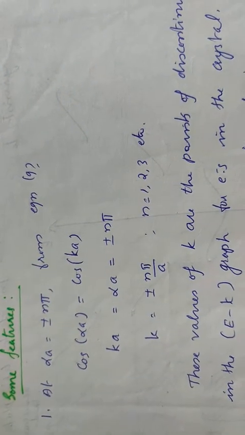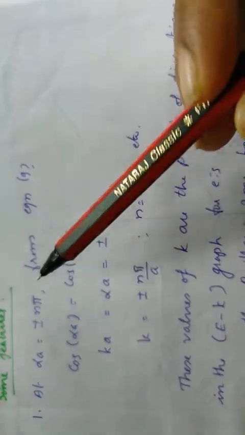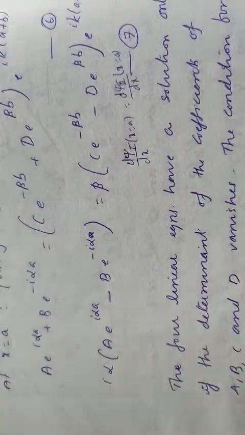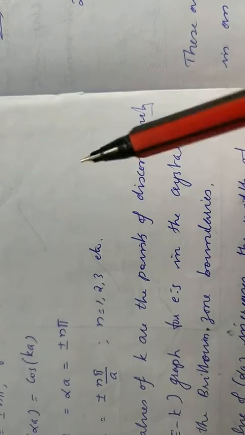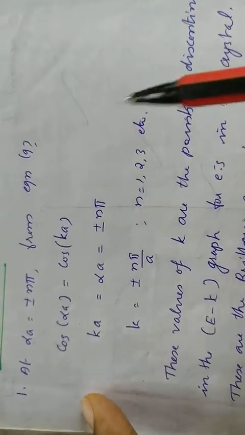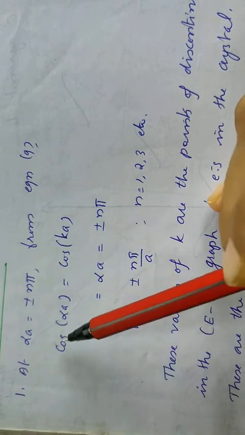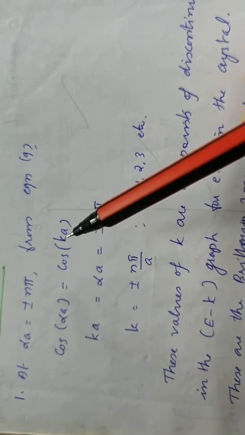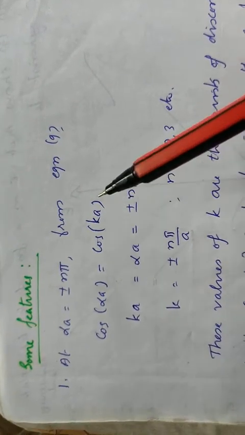So now we will discuss some features of this model. At alpha a equal to plus or minus n pi, from this equation 9, the sine function will vanish on the left side, leaving cos alpha a, which will equal cos Ka.